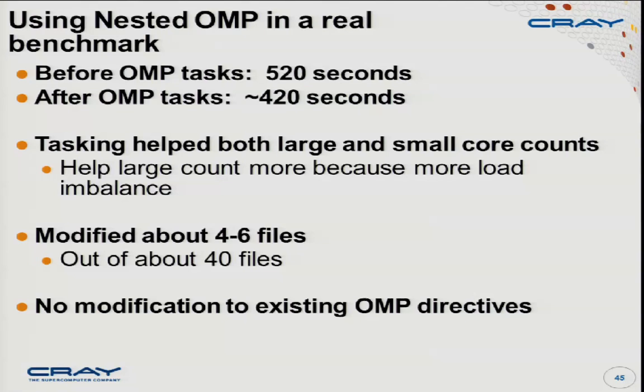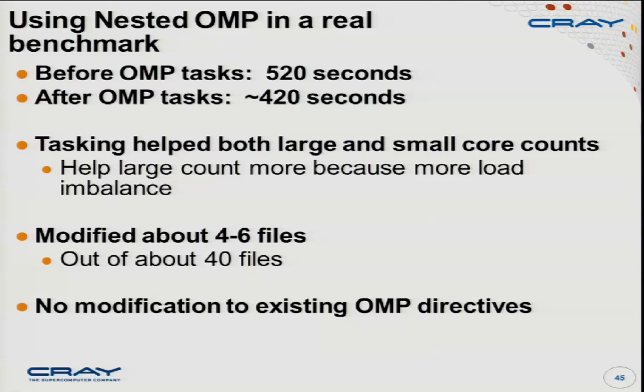But afterwards, we were at 420 seconds. Tasking actually ended up helping both large and small core counts. It helped large core counts because it was more load imbalanced, and small core counts probably because it was just more efficient, also load balance and all the way around. We modified only about 4 to 6 files out of the 40 that were available.